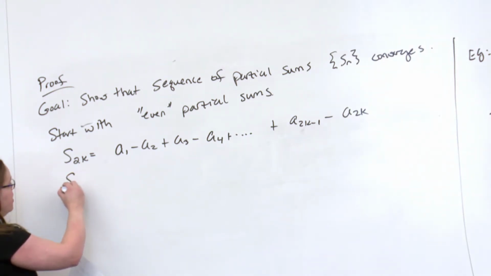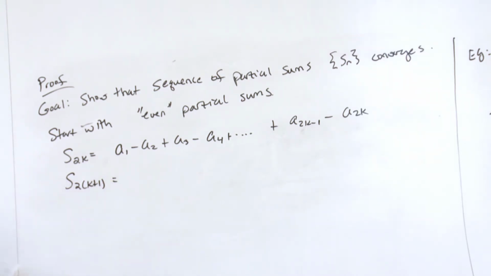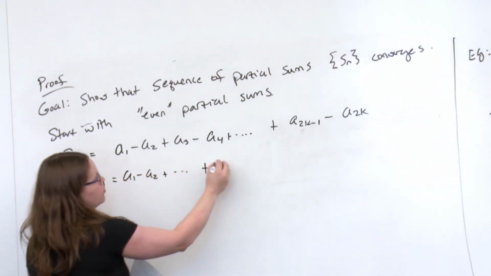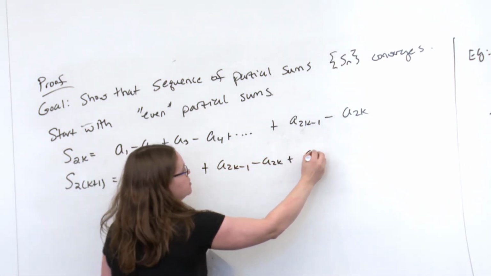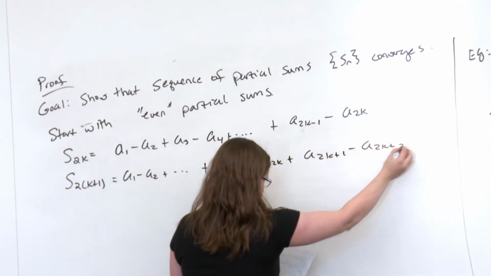On the other hand, I have S_(2k+1). That's the next term in these even partial sums. It's the same kind of deal: a_(2k+1) minus a_(2k+2).